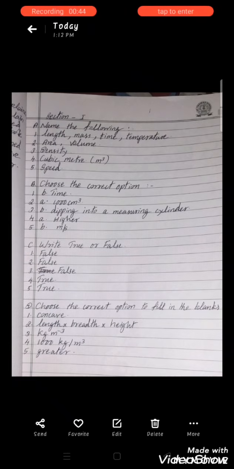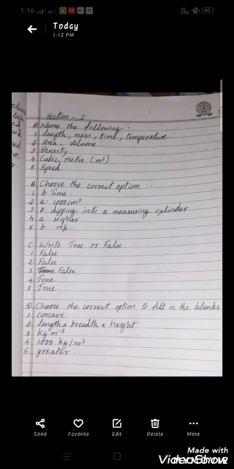First it is name the following. So first question is any four fundamental physical quantities. The answer is length, mass, time, temperature. The number 2, any two derived physical quantities.